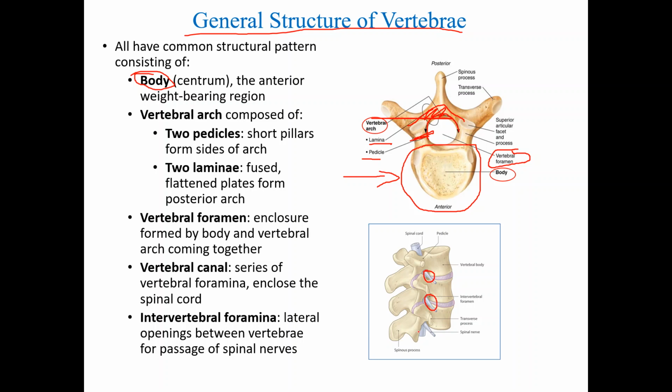These are known as intervertebral foramina, singular foramen. These are lateral openings for the passage of spinal nerves. You see how the spinal nerves here are represented. They come out from the spinal cord. So these are important to remember as well.